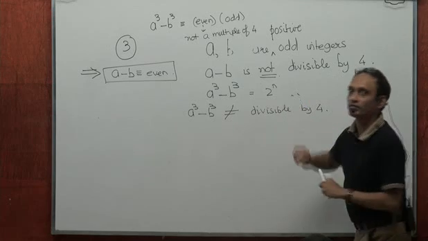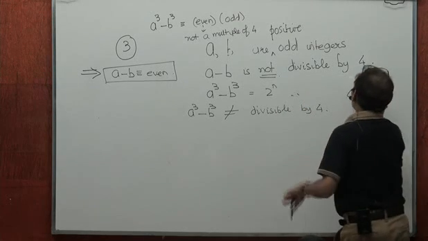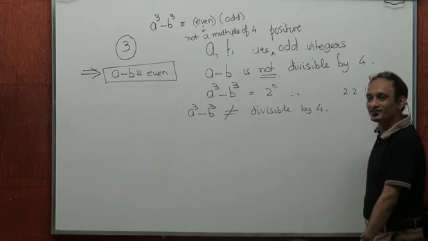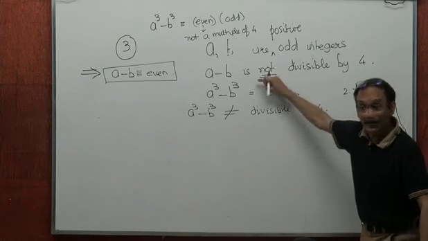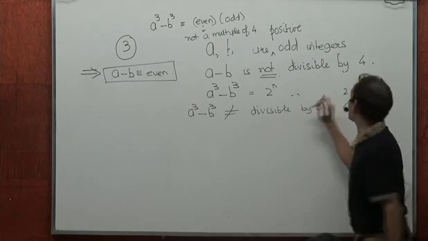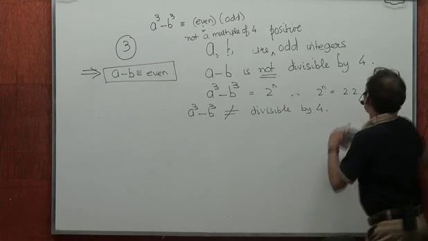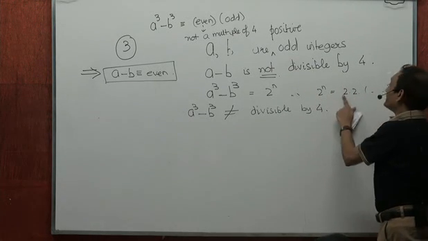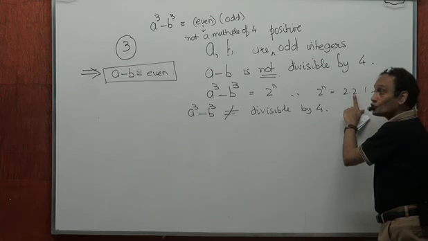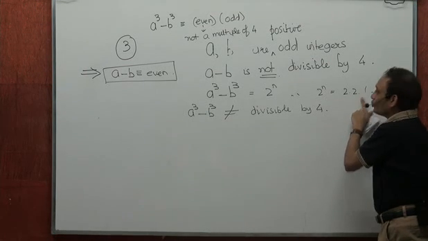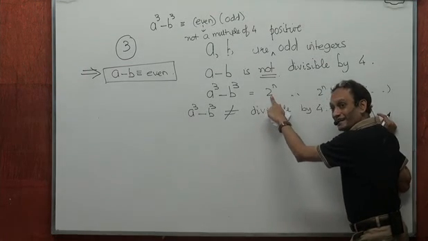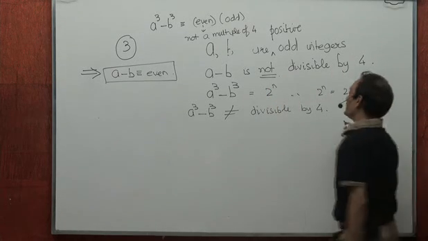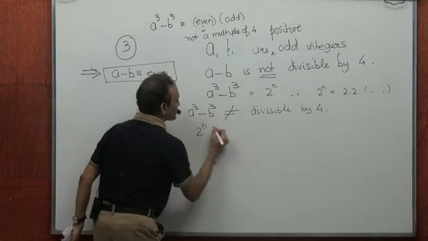And 2 to the power n for n greater than 2 will have at least two 2s and maybe some more 2s. At least two 2s. That means this is divisible by 4. If n is greater than 2, 2 to the power n will be divisible by 4, yes or no?